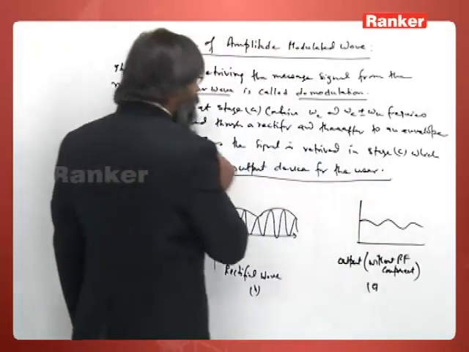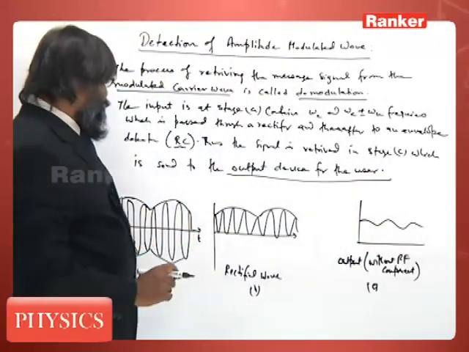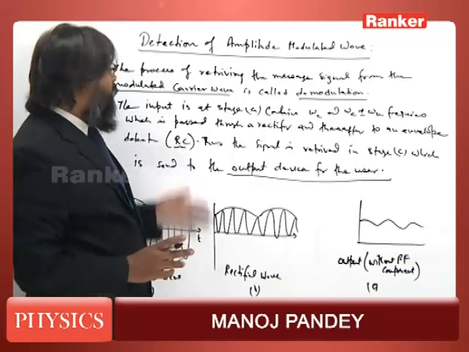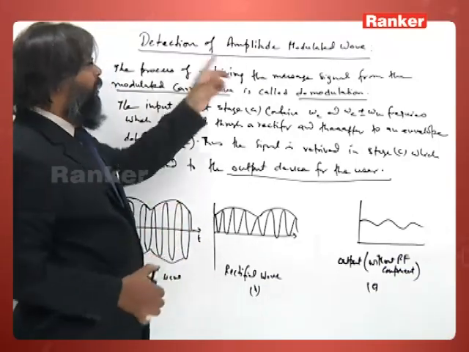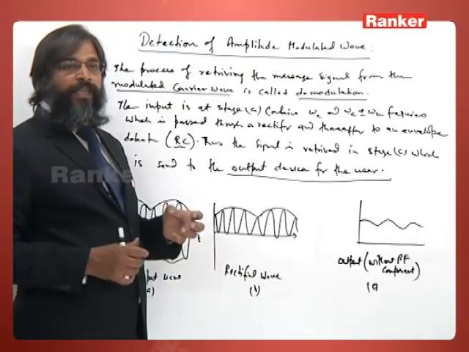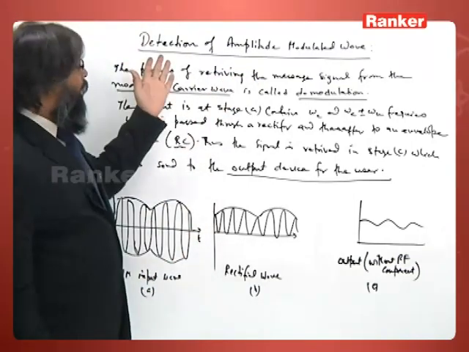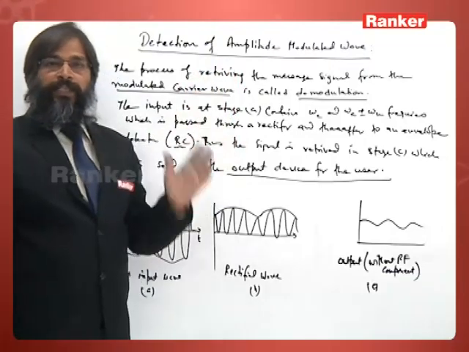So thus the user finally gets the output signal. This is the schematic way of doing this demodulation, that is retrieving the signal from the amplitude modulated carrier wave.